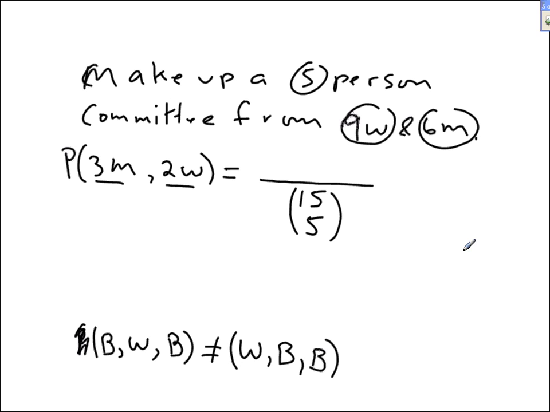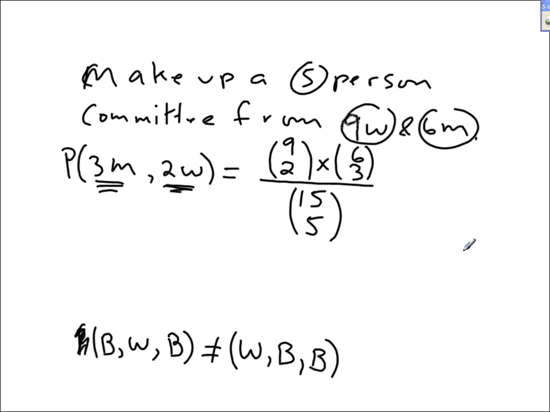Okay. Now we want the favorable. Well, you need to do 2 things. From the 9 women, you want to pick 2. And then, from the 6 men, you want to choose 3 men. There's your answer.